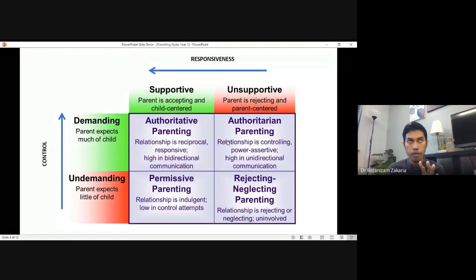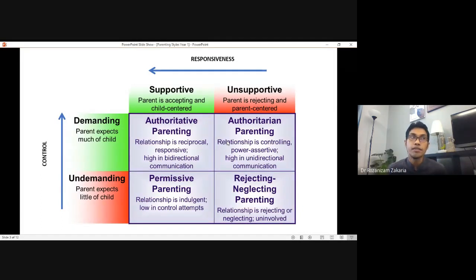If you look at the responsiveness level, there are parents who are very responsive to their children, and at the same time do not impose any control at all. So basically they have high responsiveness but low control. The child cries, they come right away, oh why, very responsive.